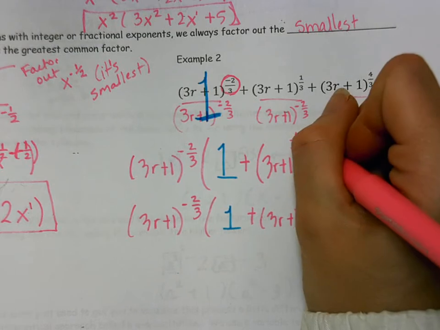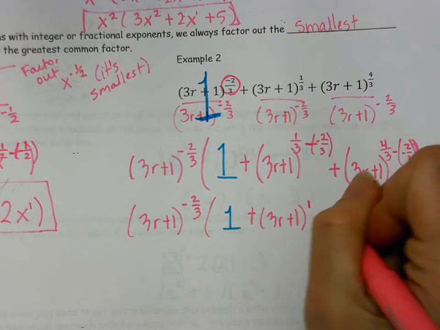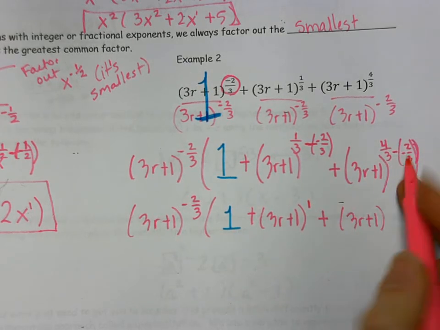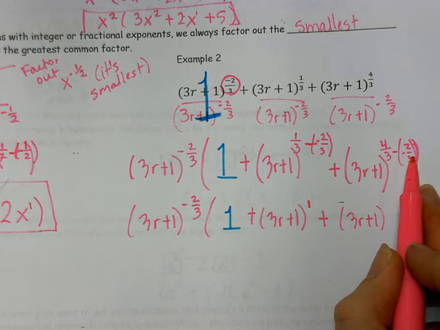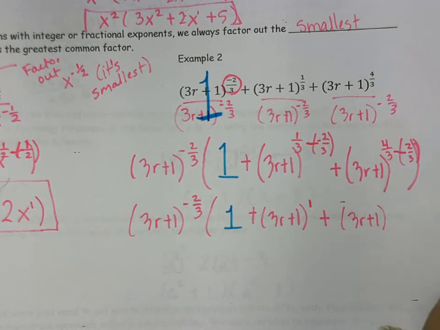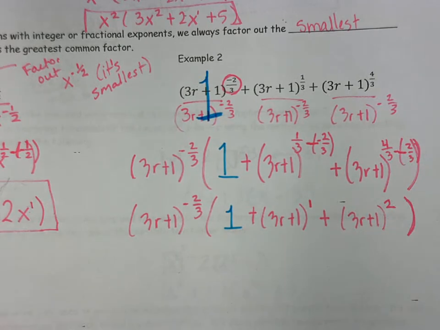Just 1, because think of it as 1/3 plus 2/3, which becomes 3/3, and that's 1. Plus 3r plus 1 raised to the, what's 4/3 minus a negative 2/3? 2. Yeah, 6/3, which does become 2. So 6 divided by 3 is 2, and I can go ahead and box this.